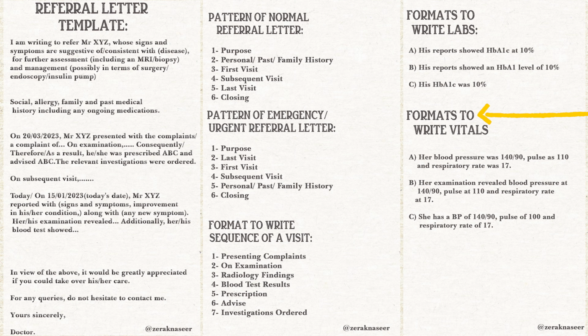Or: her examination revealed blood pressure at 140/90, pulse at 110 and respiratory rate at 17. Or: she has a BP of 140/90, pulse of 100 and respiratory rate of 17. So these are just the general formats you need to keep in mind while writing the purpose expanding section.